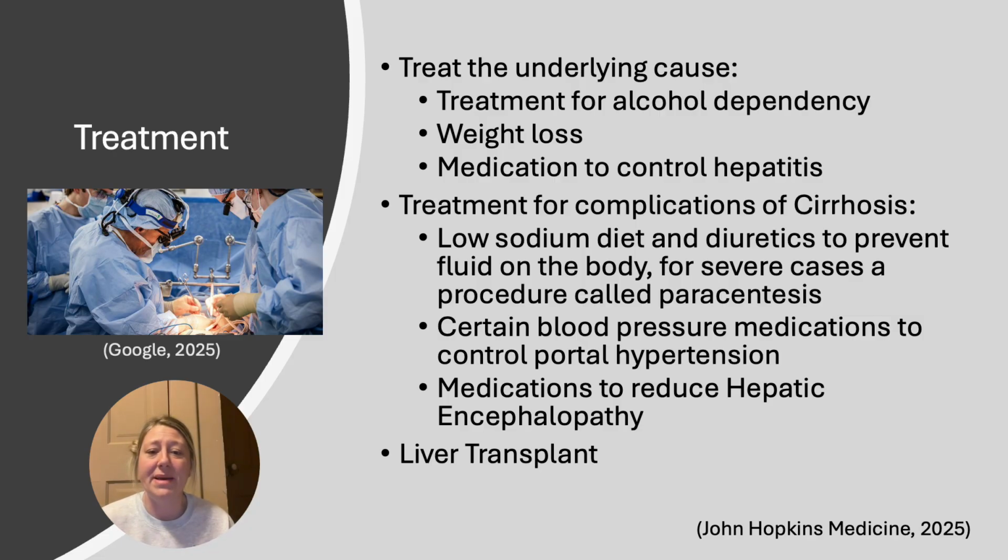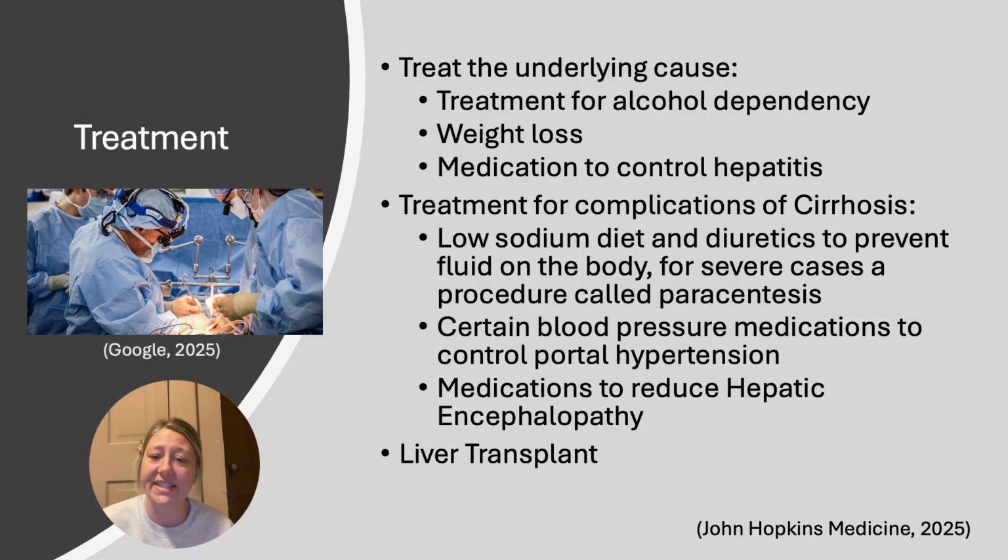If a patient's BMI is too high, we want to educate about weight loss. And if a patient has known hepatitis, we want to make sure that they are on the correct medications to control the hepatitis. And then for the treatment of the complications of cirrhosis, we really want to make sure that we're educating our patients about a low sodium diet and diuretics to prevent fluid on the body.